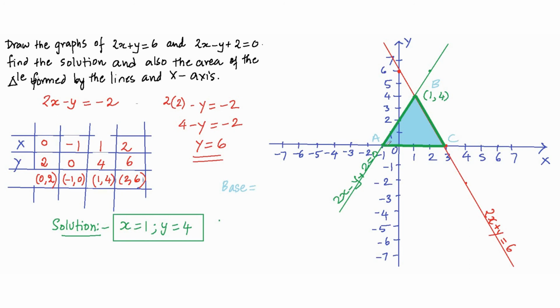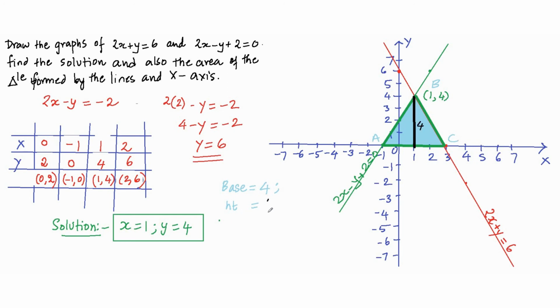A is 1 unit to the left of origin and C is 3 units to the right of origin. So the base is 4 actually, 1 plus 3 is 4. And the height of this triangle is nothing but the perpendicular distance between the point and the x-axis. It is the y coordinate of that point, so this height is going to be 4 units.